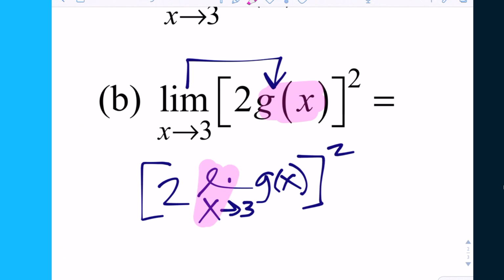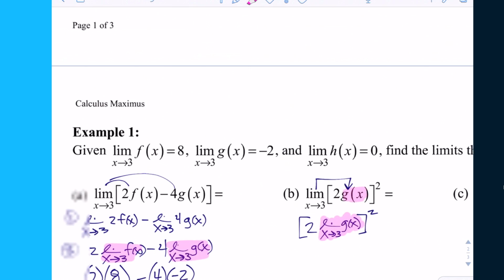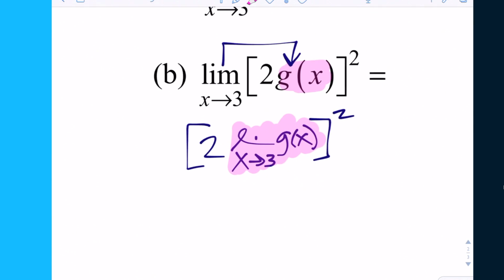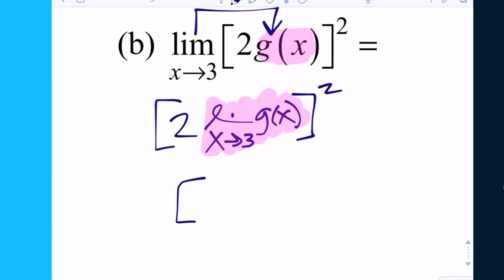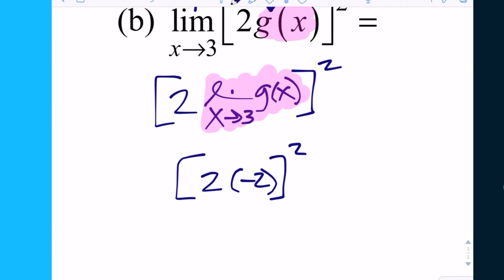And now it just comes down to evaluating this, which of course is still -2. So we get 2 times -2 squared. Free response, we're done. Multiple choice, we keep going carefully, and we get 16. Yeah, -4 quantity squared is 16. Good.